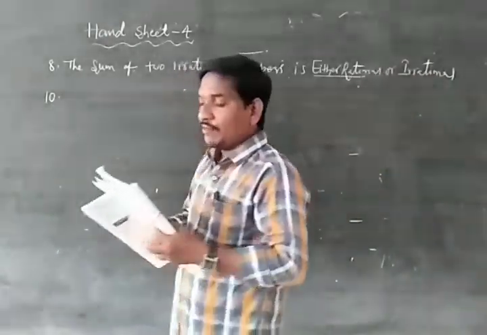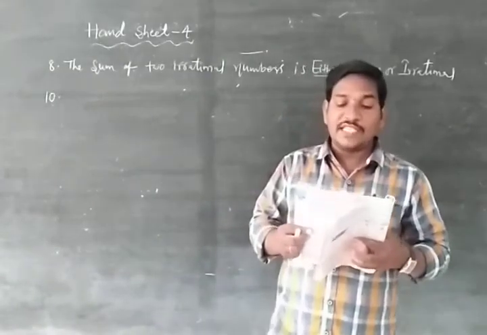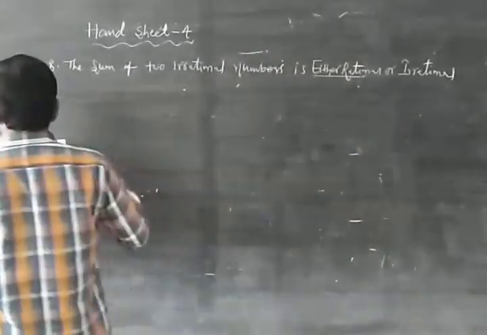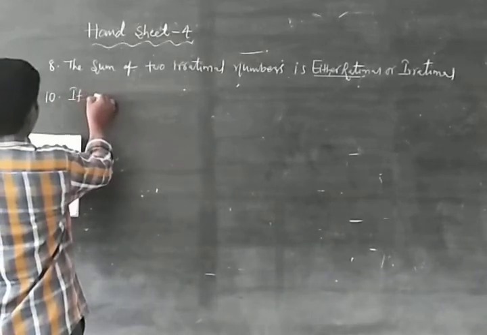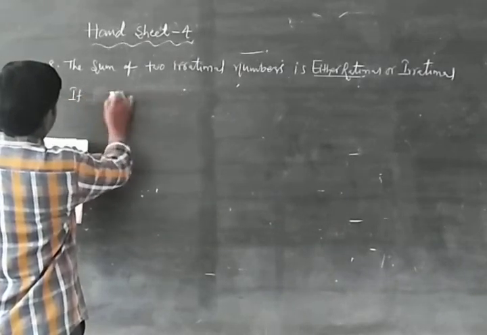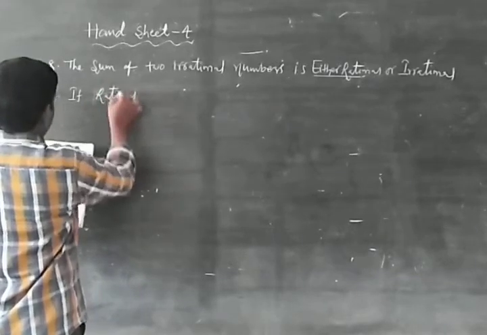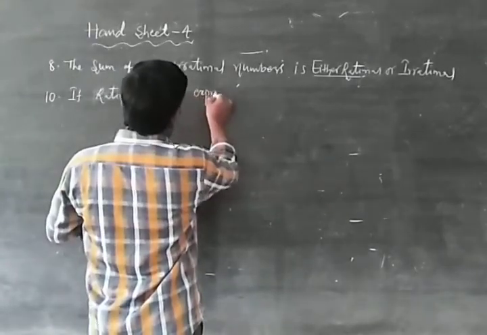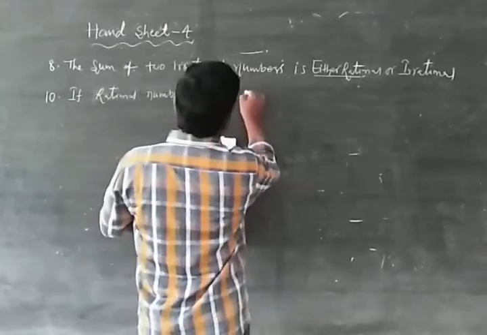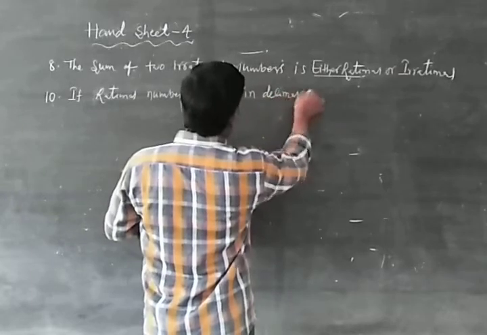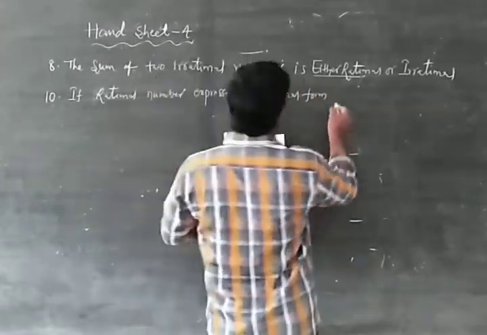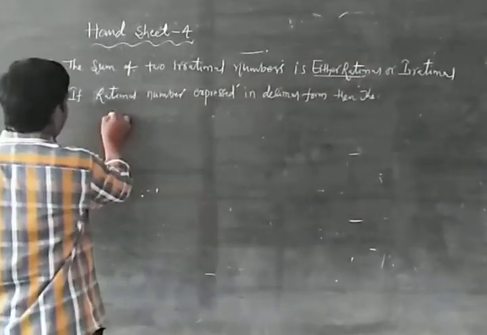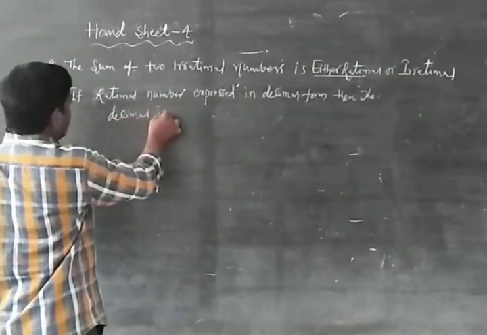If a rational number is expressed in decimal form, then the decimal is dash.